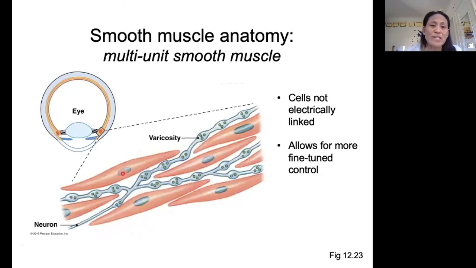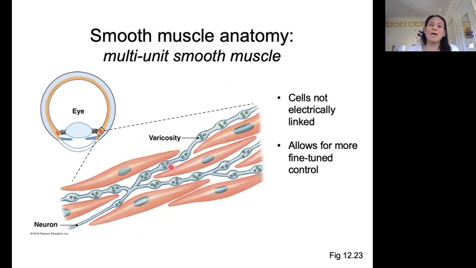The other configuration that we find smooth muscle in is what we call multi-unit smooth muscle. Basically what happens in multi-unit smooth muscle is we have individual muscle cells as before. These are individual cells with a single nucleus, but these cells are not electrically linked to each other. So they don't have gap junctions that connect them together.